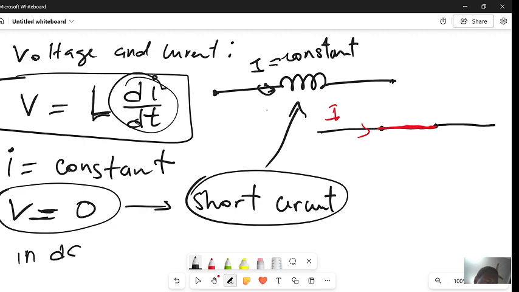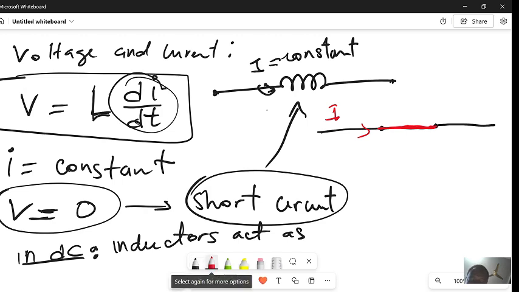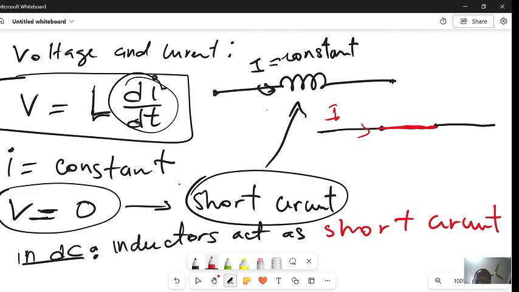Because the current will be constant, the inductor acts as a short circuit. When the current passing in the inductor is constant, it will act as a short circuit. Let's see an example.